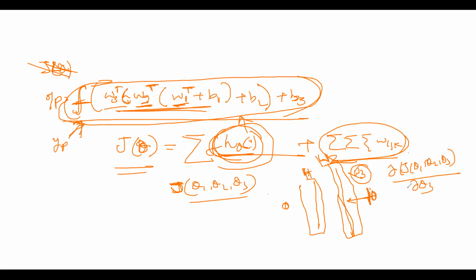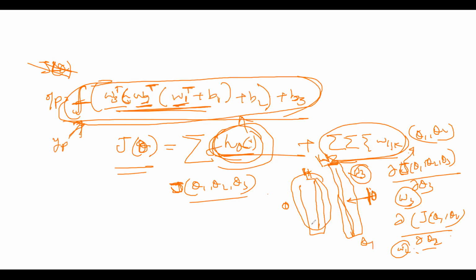I have optimized J theta 3, so I will optimize my W3. Once I have done that, my J theta will still have theta 1 and theta 2. Over here I have my theta 2, so I will find J and optimize my W2. Done. Now it will have my theta 1, so I will be optimizing that. So all of this is happening in one step.